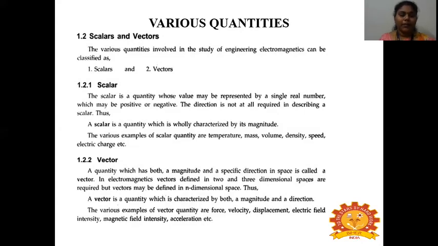Next is a vector quantity. A quantity which has both magnitude as well as direction, with a specific direction in space, is called a vector quantity.